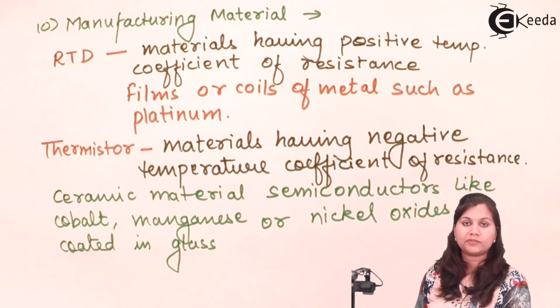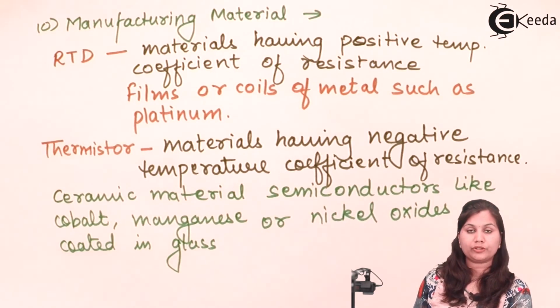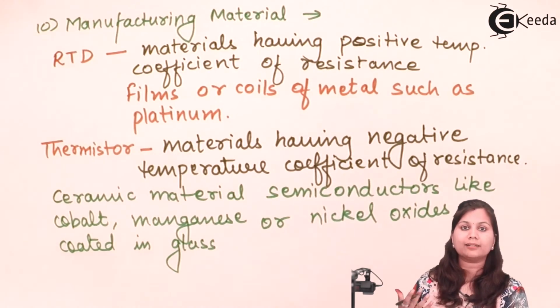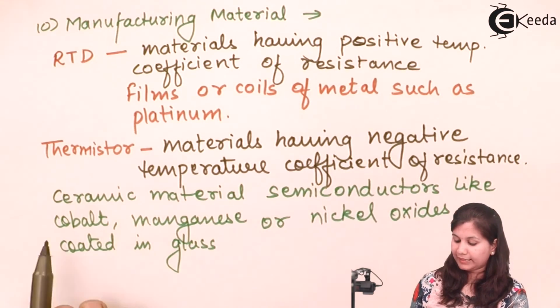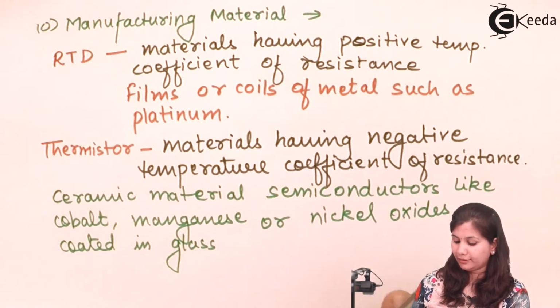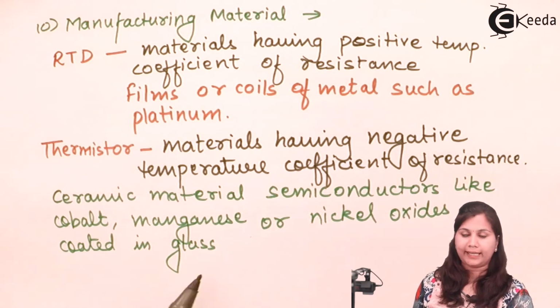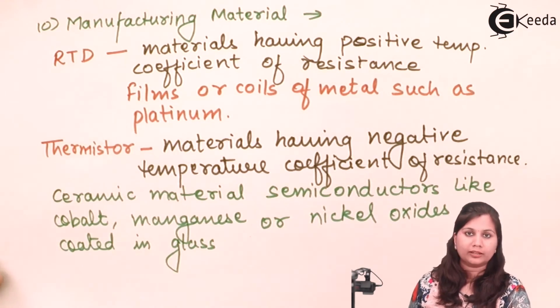So for thermistors, we use negative temperature coefficient of resistance materials like the semiconductors. So ceramic materials, semiconductors like cobalt, manganese or nickel oxides coated in glass, can be used for the construction of thermistors.